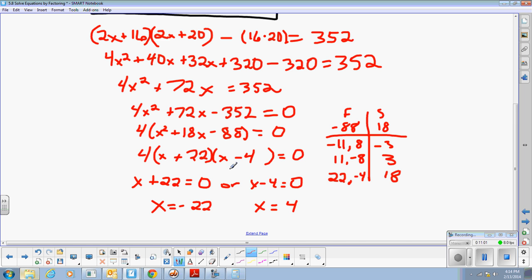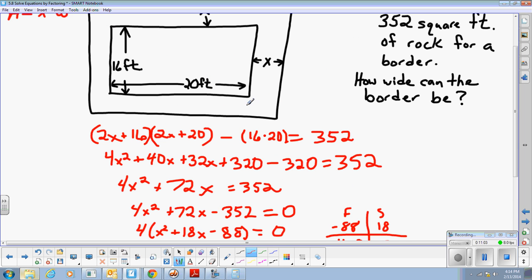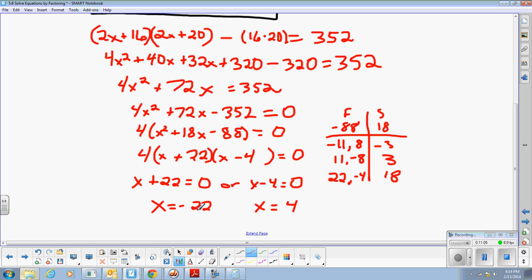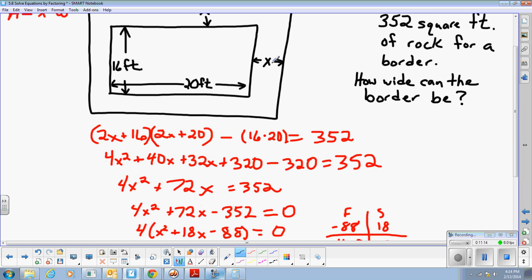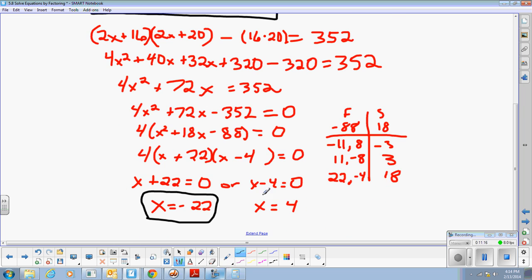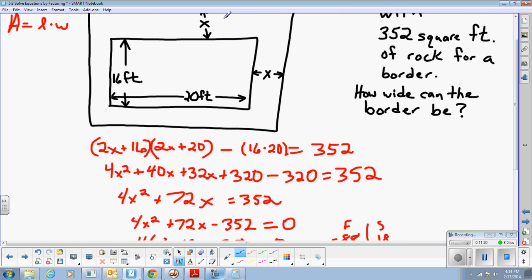Now, as I look up here, this is an actual garden. I need an actual real width. There's an issue with one of the answers down here. I can't use a negative 22. We can't have an actual width up here, say negative 22. So there's only one answer that works, that x equals 4. That means the border width, how wide can the border be? 4 feet.